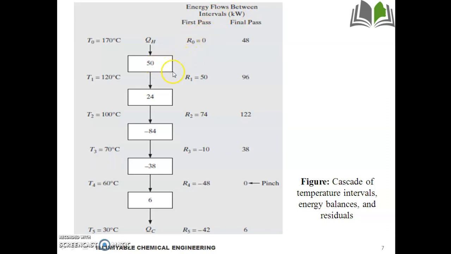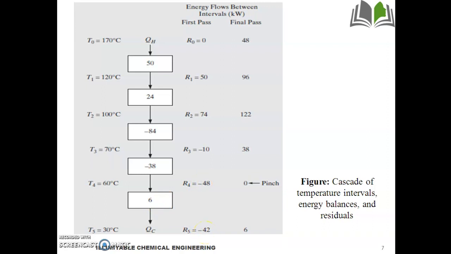0 plus 50 gives R1 as 50. 50 plus 24 gives 74. 74 plus minus 84 gives R3 as minus 10. Minus 10 plus minus 38 gives you minus 48, and minus 48 plus 6 gives you minus 42.